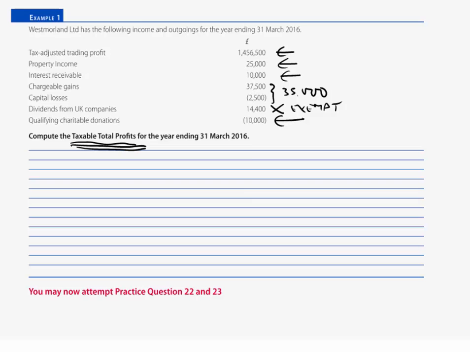And if we have such a long period of account, then from it we will have to prepare not one but 2 corporate tax computations. In essence, very simple, we will prepare 2 computations, the first of 12 months, the second the balance of months from that long period of account.